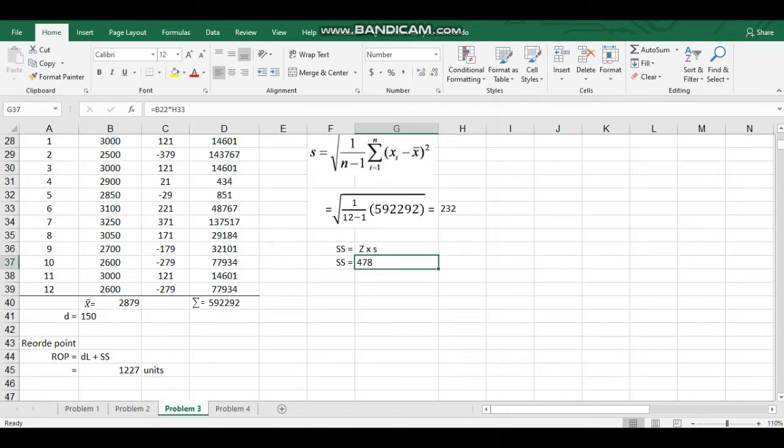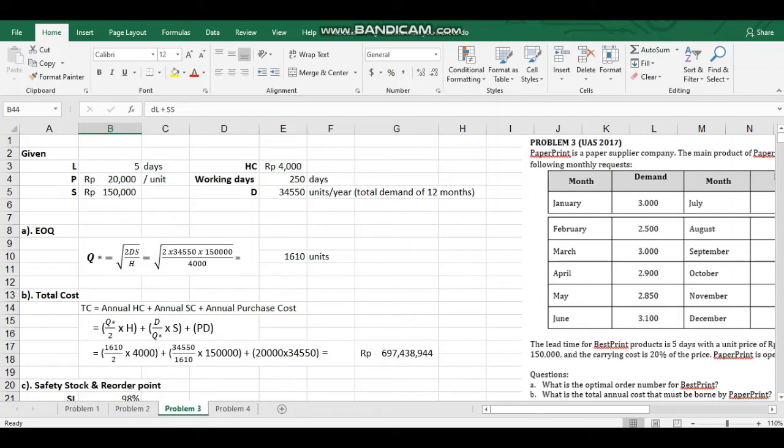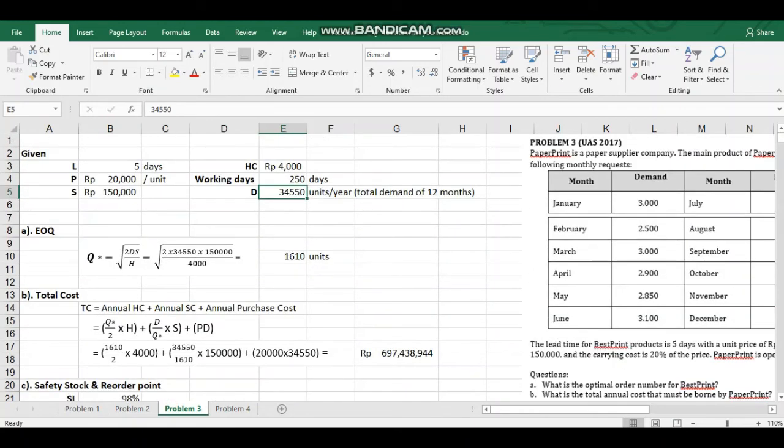After we find the safety stock, now we move to find the reorder point. To find the reorder point, we use this formula by multiplying the lead time with the daily demand, and then plus the safety stock. While in this problem, the daily demand is not stated, so we have to divide the annual demand by the number of days in a year.